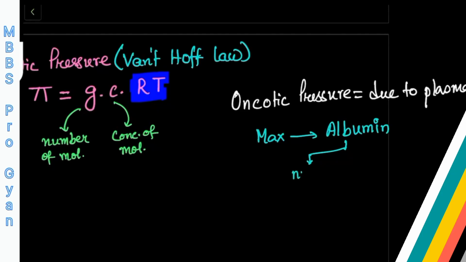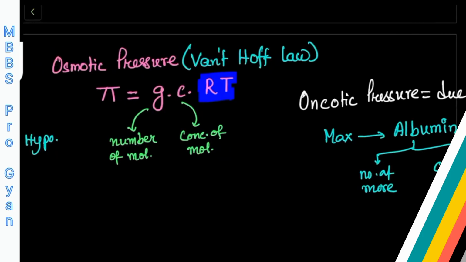Also the concentration of albumin in the plasma is maximum. Because of the increased number of molecules as well as the maximum concentration, albumin is the major protein giving oncotic pressure to plasma.